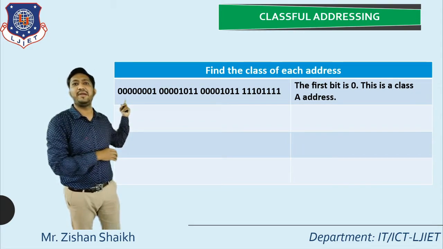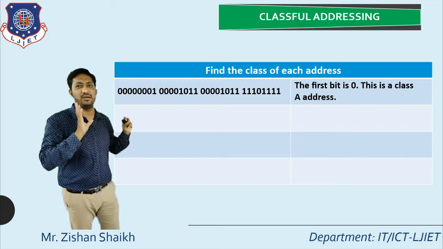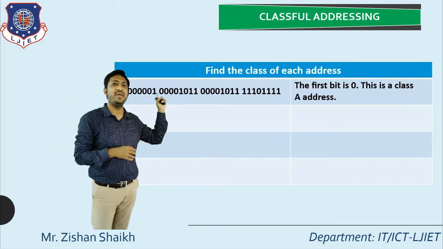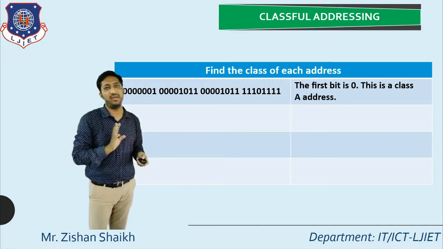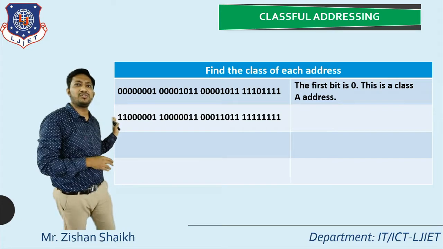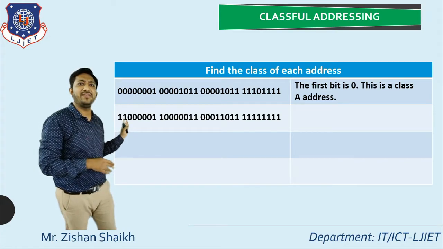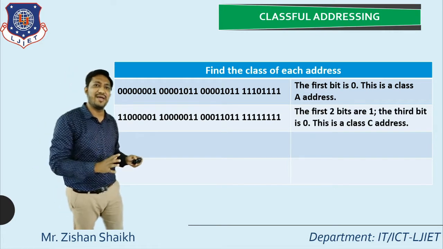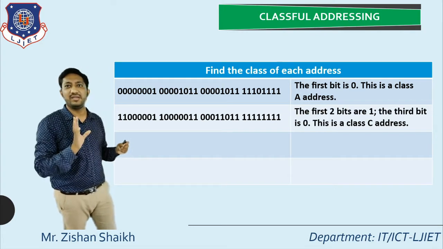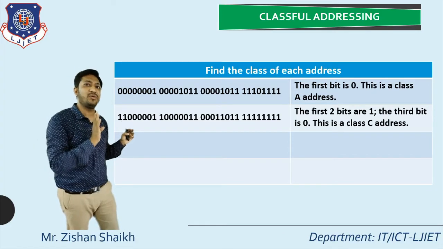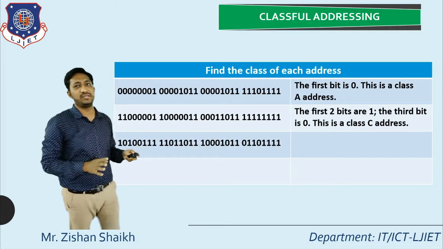My first bit is 0 and that is fixed, so we can say this IP belongs to class A. Second example: from the first octet, the pattern is 110, so we can easily say it belongs to class C. In class C, the first 3 bits are fixed, that is 110, and the remaining bits can change.